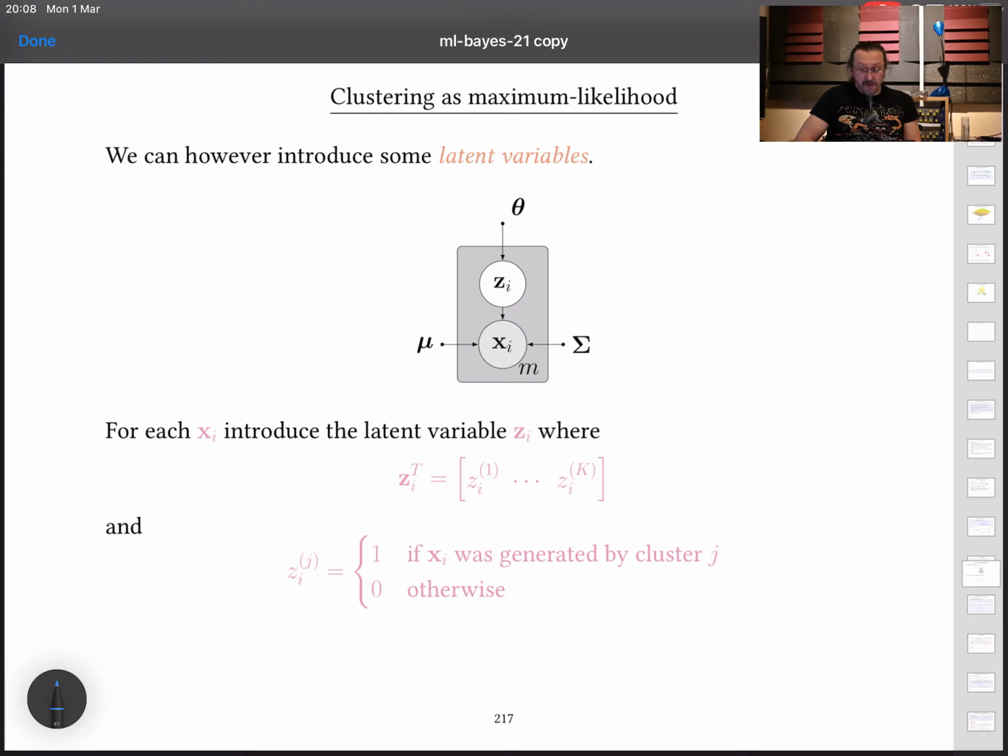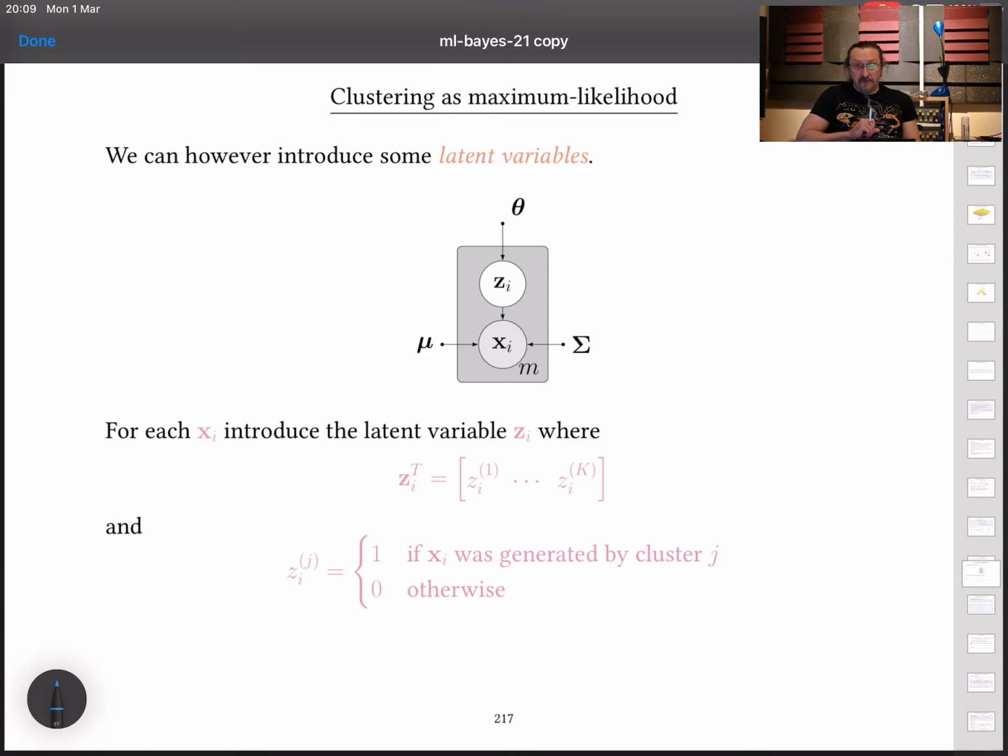In this diagram, random variables appear in circles. If they're observed, then the circle is shaded. Okay, so x sub i, the ith actual vector, is something you observe. z sub i, which I'm going to define in a moment, is not observed, so its circle is not shaded.